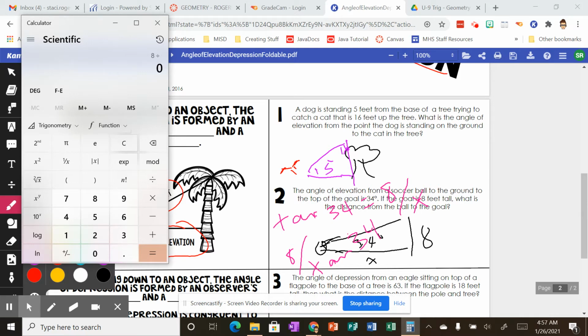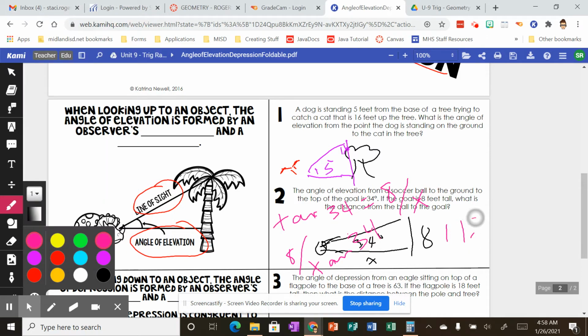So clear. Let's do 34, tangent, and put that in memory. Do 8 divided by memory recall, and I get 11.86, which would round to 11.9. So that one wasn't so hard.